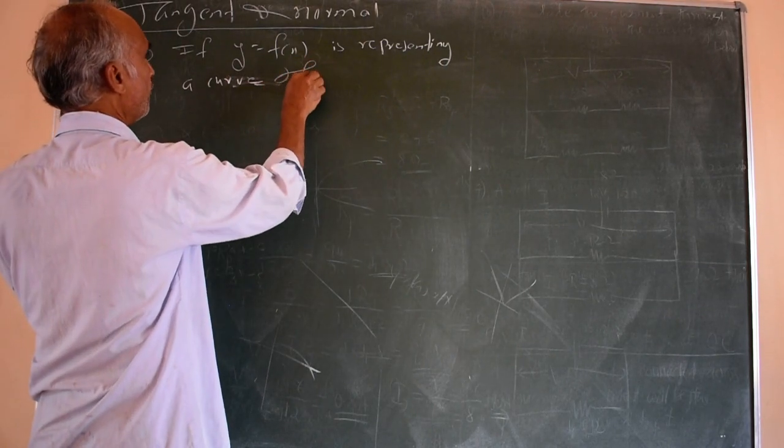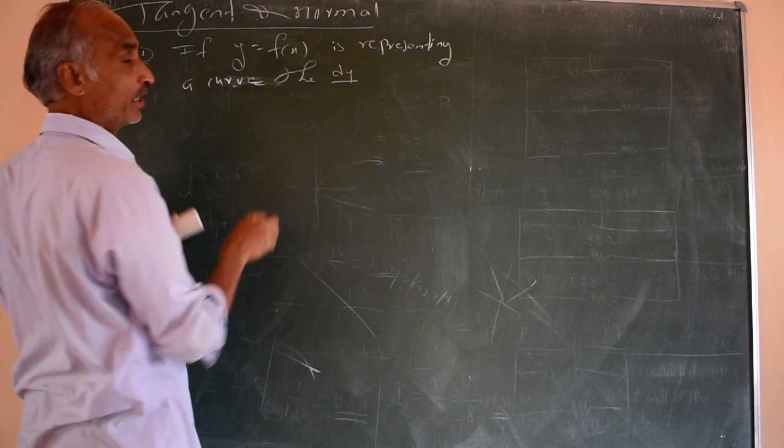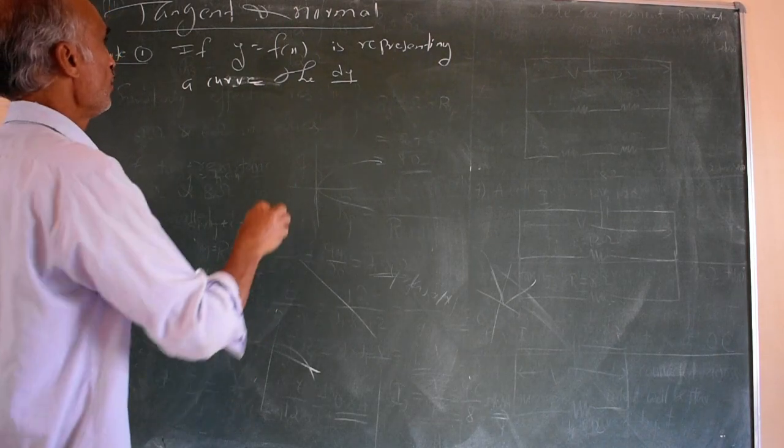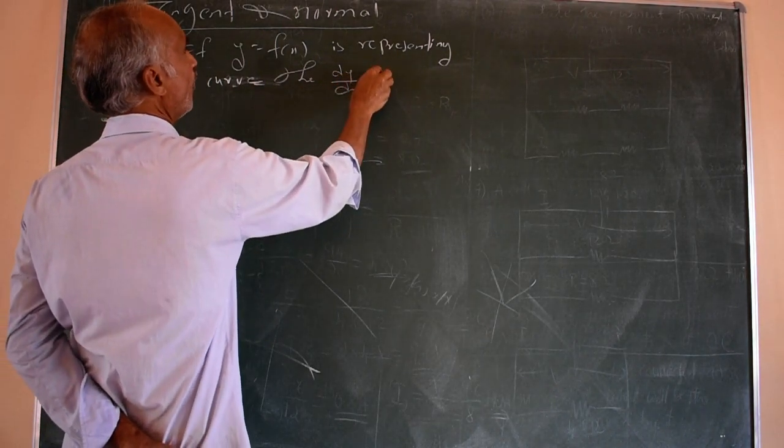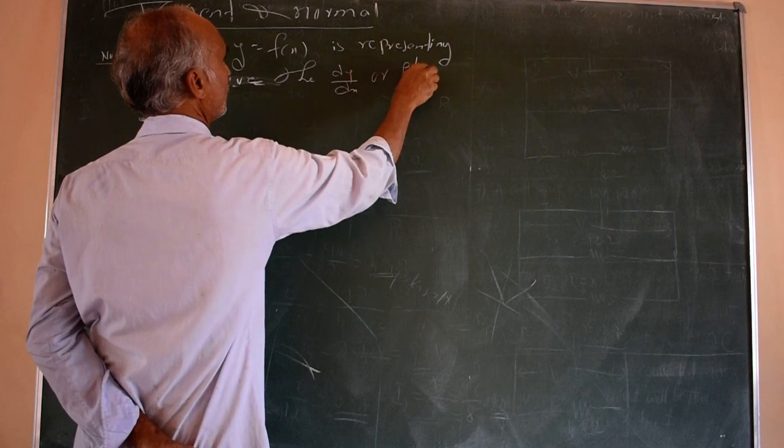Then differentiating it, we are getting dy by dx or f dash of x.